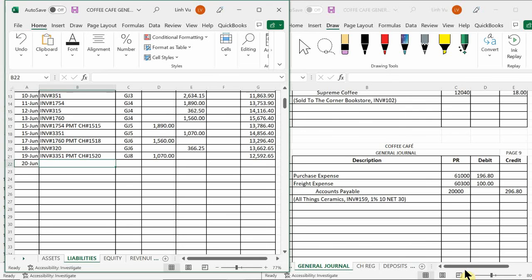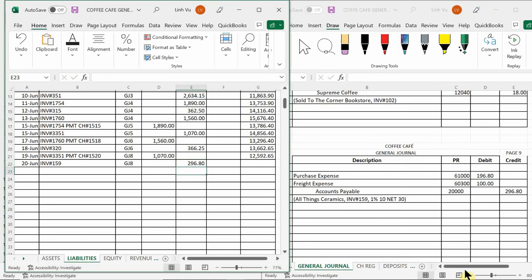Invoice number? 159. How much do you owe? 296.80.